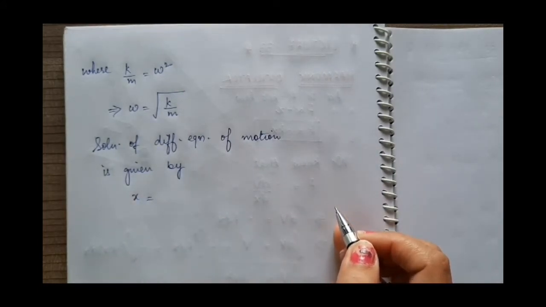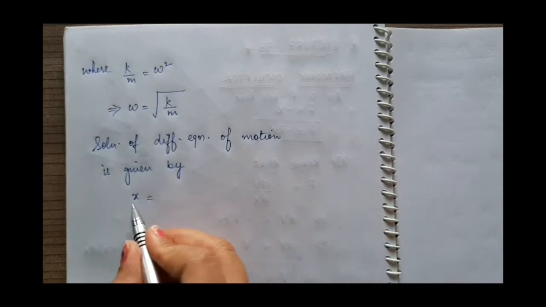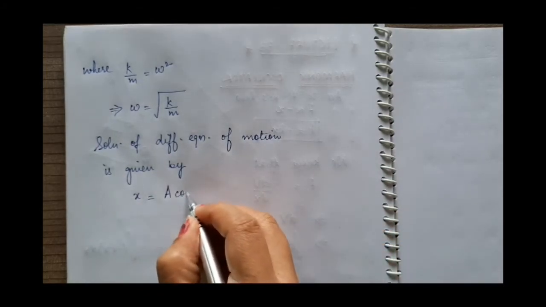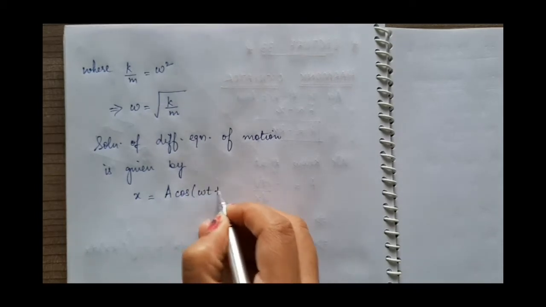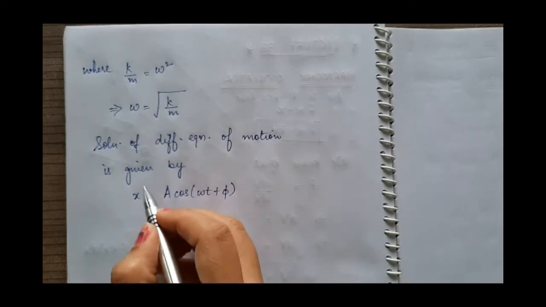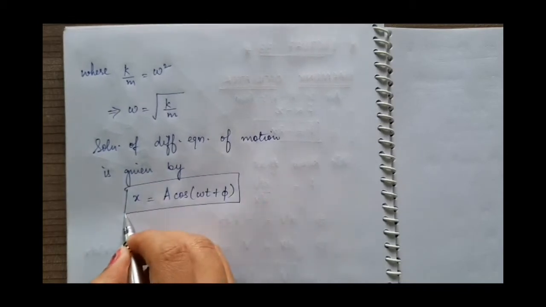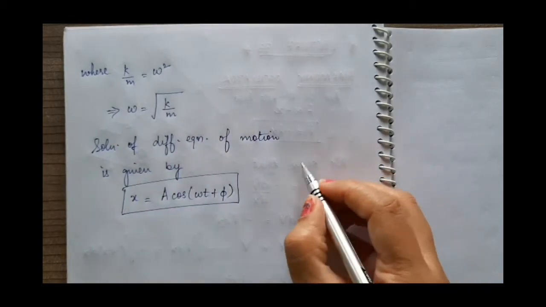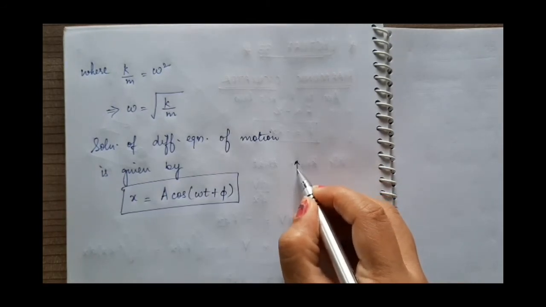Cosine and sine functions are simple harmonic functions. So x will be, suppose A is the amplitude, A cos(omega t plus phi). So how will the motion be? The motion will be like this.